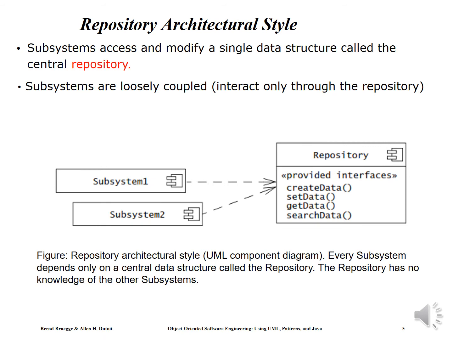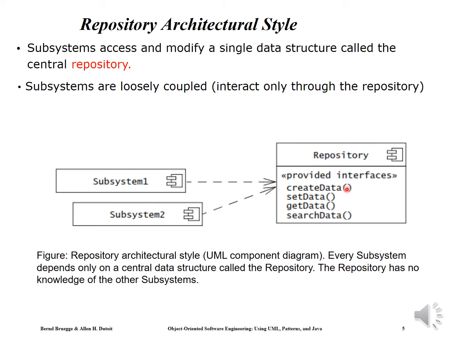First is the repository architecture style. In repository architecture style, subsystems access and modify a single data structure called the central repository. Subsystems are usually independent and they interact only through the central repository.